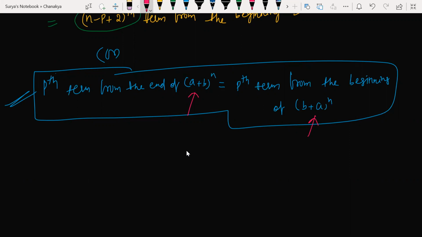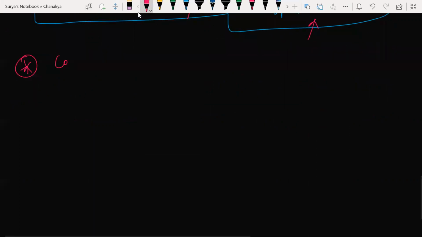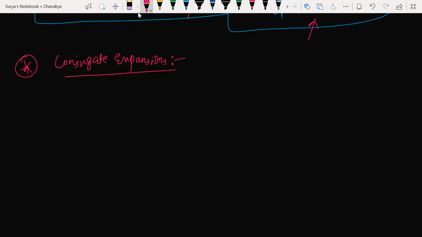Next, one more very important concept, conjugate expansions. What is that?